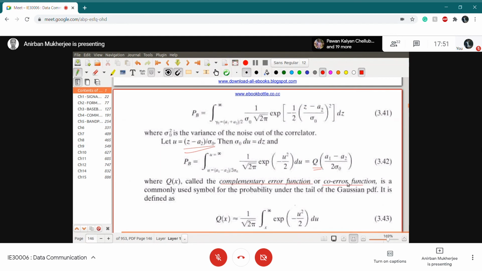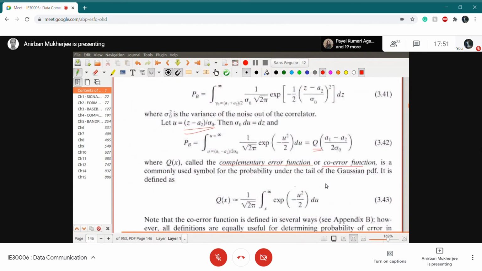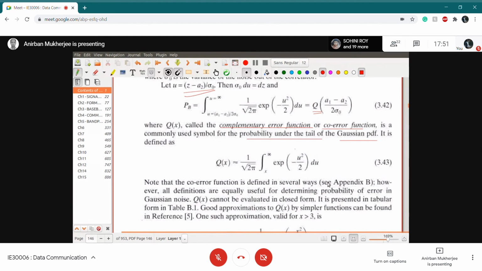Now Q(x) is defined for a Gaussian. It is the probability under the tail of the Gaussian. Q(x) is approximately defined as 1 by root 2 pi, integrated from x to infinity, that is the right-hand probability.